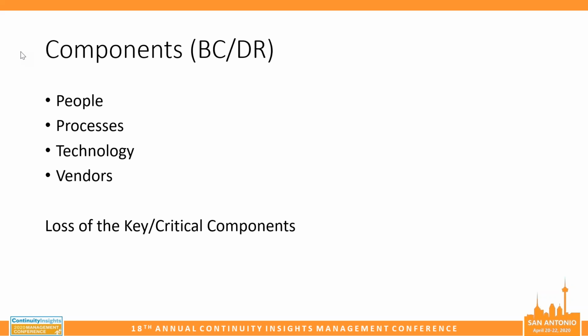So just stop for a second and think about the people, processes, technology, and vendors. Any one of those 4 could disrupt your business. So that's why it's important to, 1, recognize the components, but also think of them in terms of if someone is responsible for business continuity, they must also be familiar with these 4 items.